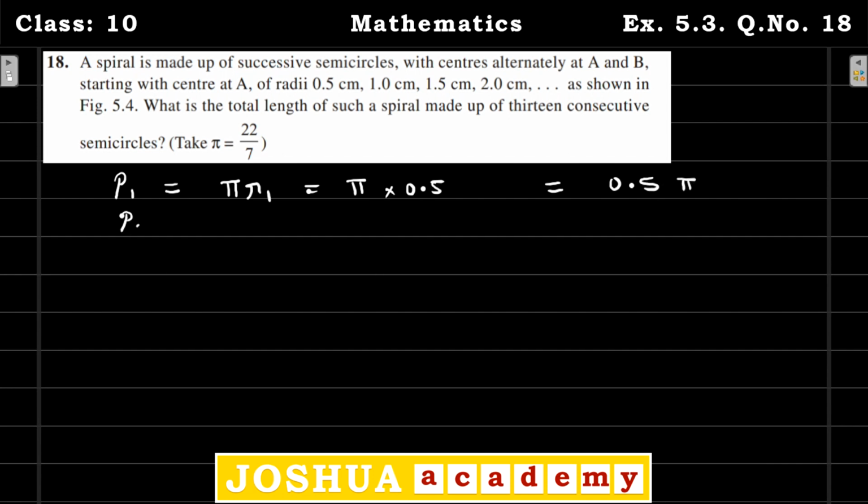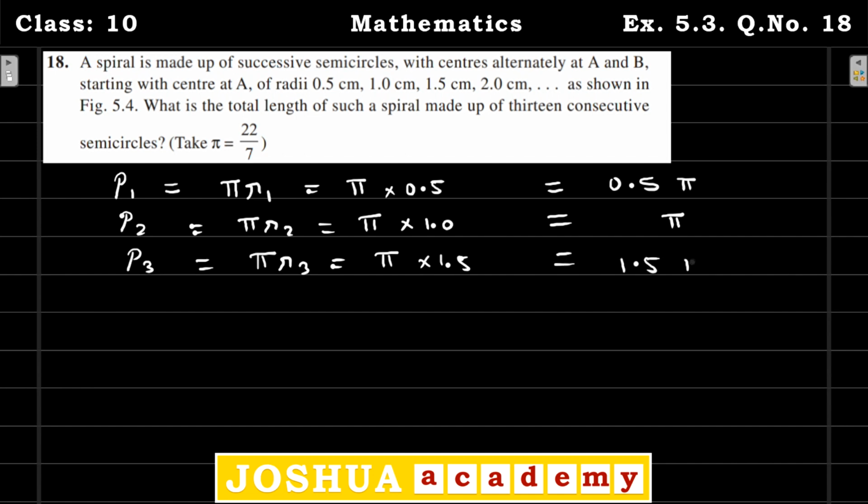In the same way, the perimeter of the second semicircle is pi r2, and the radius is 1 centimeter, so it is pi. The perimeter of the third is pi r3, pi into 1.5, equal to 1.5 pi. The perimeter of the fourth is pi r4, pi into 2.0, equal to 2.0 pi. So we have a pattern here.